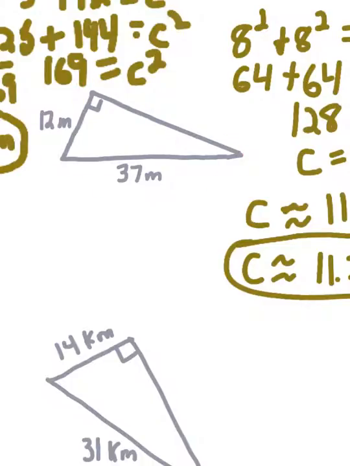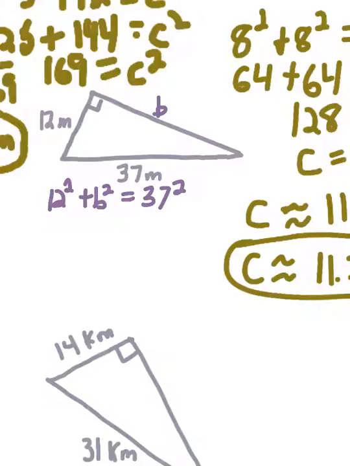I don't know this other leg, so I'll call it B. I'm going to say 12 is my leg that I'm calling A, so 12 squared plus B squared equals 37 squared. 37 is the hypotenuse, because it's opposite the right angle right there.